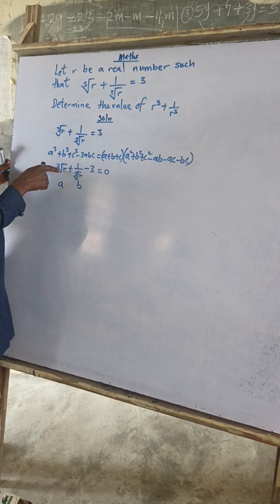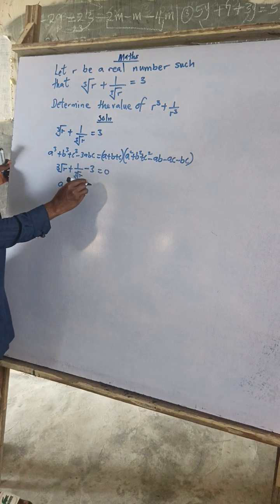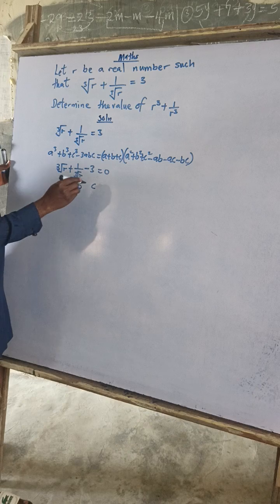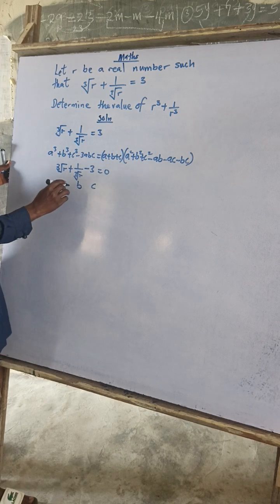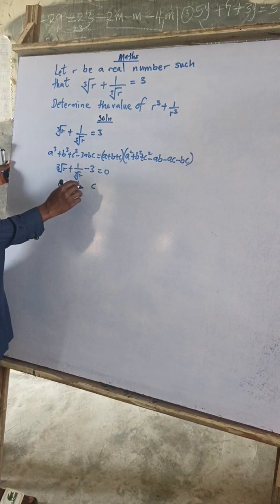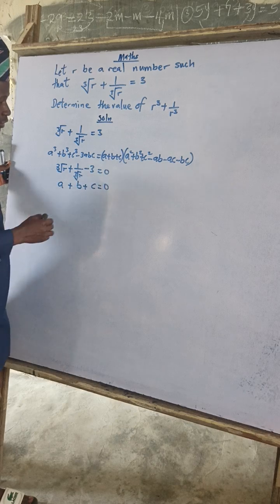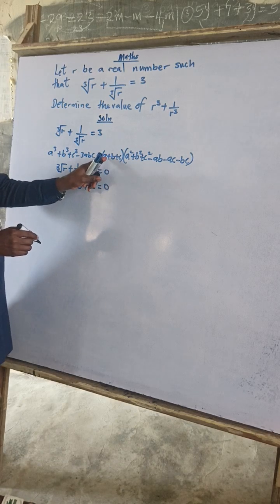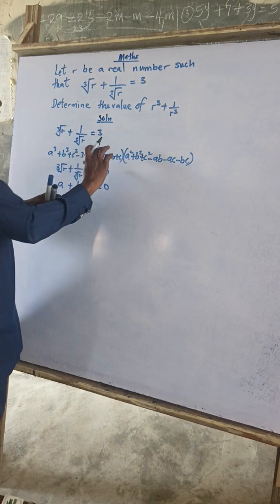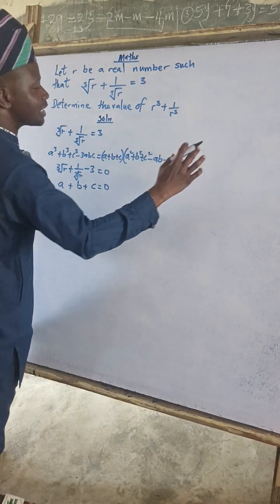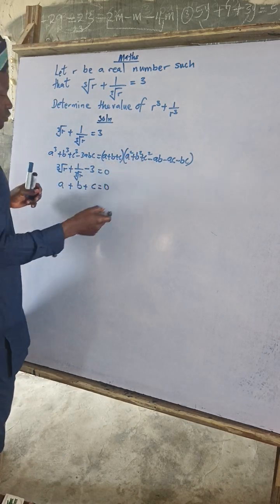We use A to replace this, B to replace this, and C to replace minus 3. We have C for minus 3 equals 0. When we add A plus B plus C together, it gives us 0. Then we substitute 0 for A plus B plus C. That means everything on the right hand side of this equation will turn to 0.